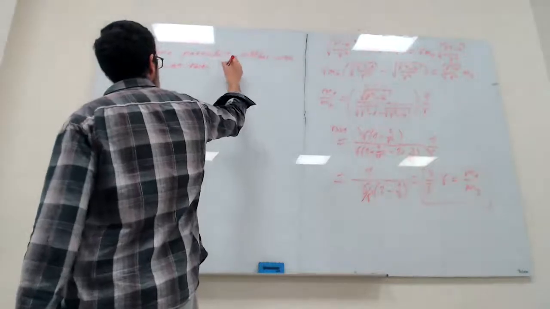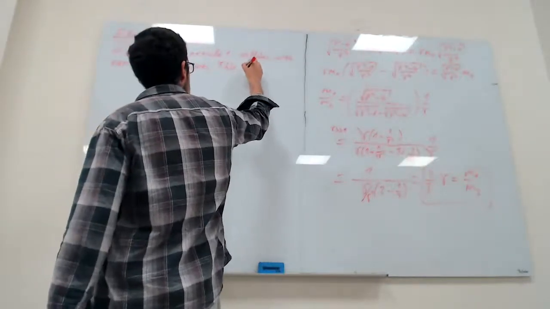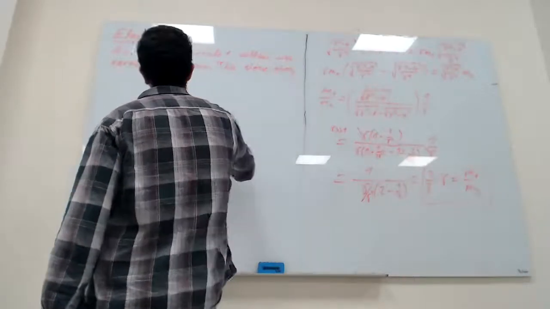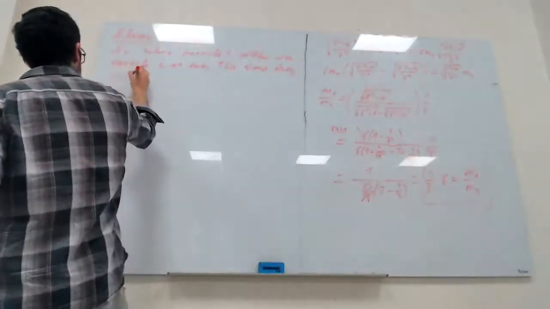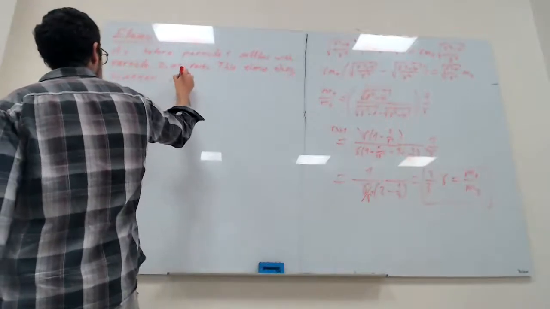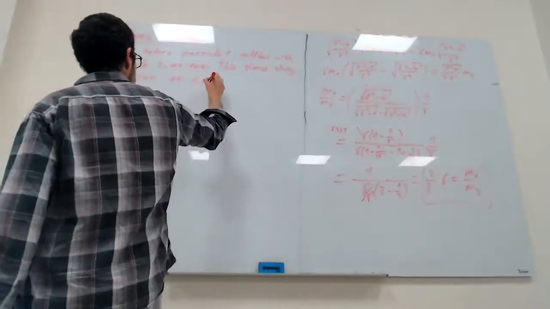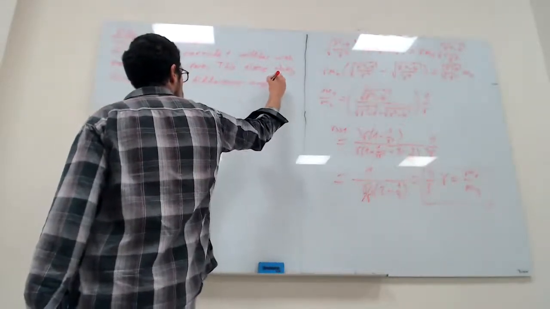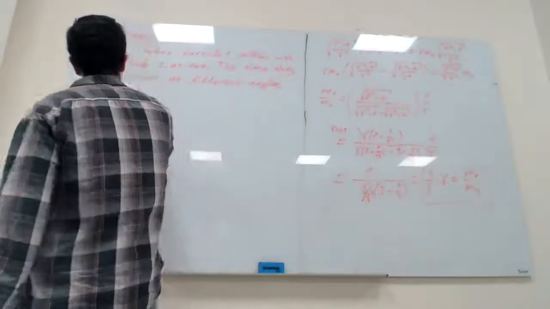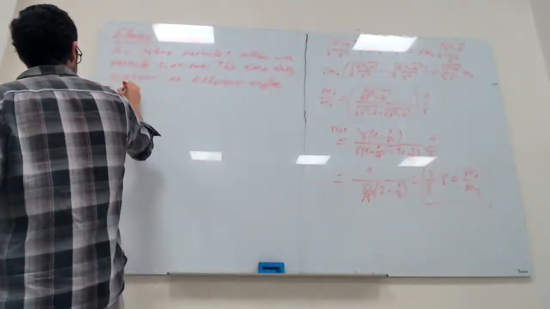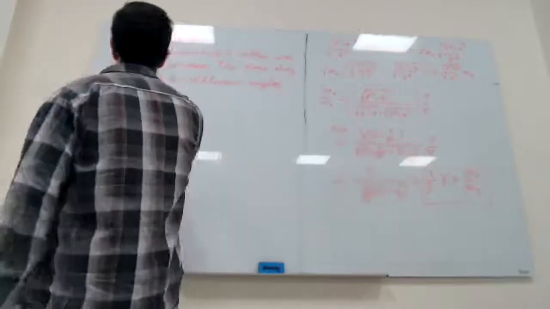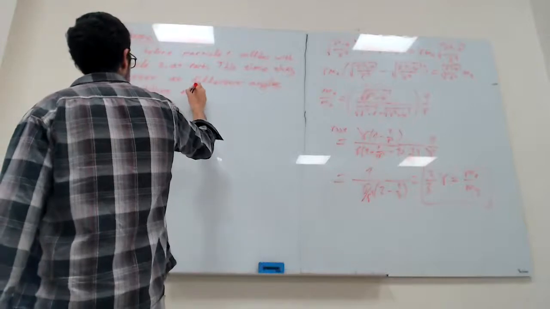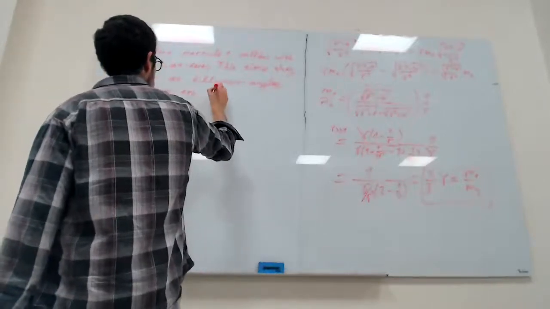This time we scatter at different angles, theta 1, theta 2. What are the angles?